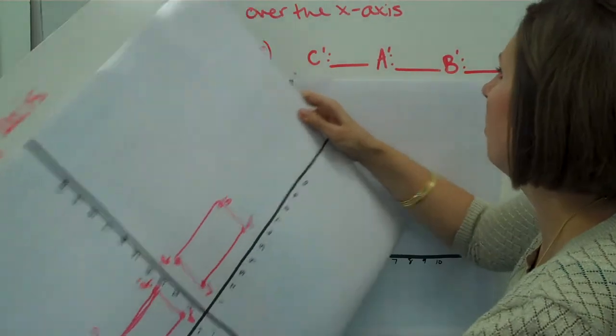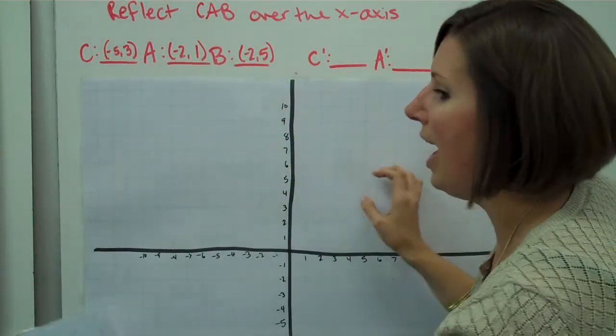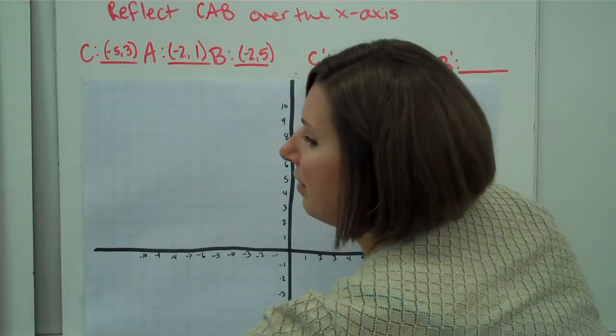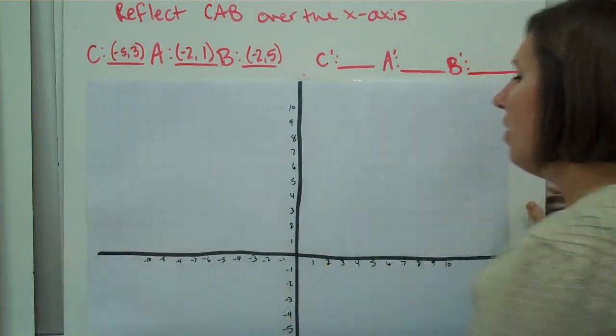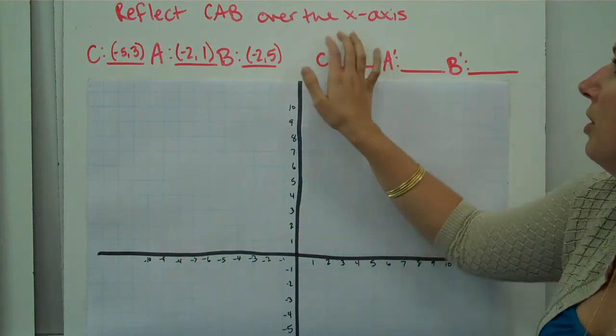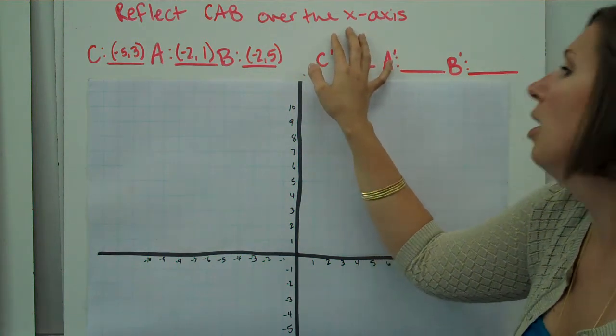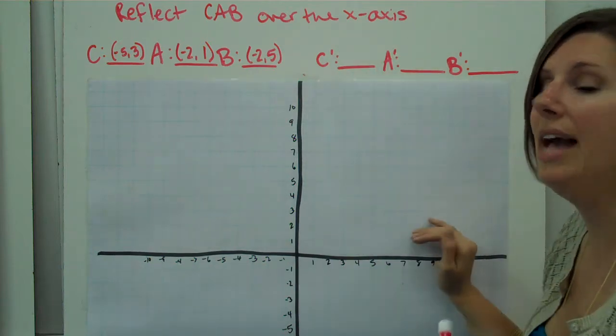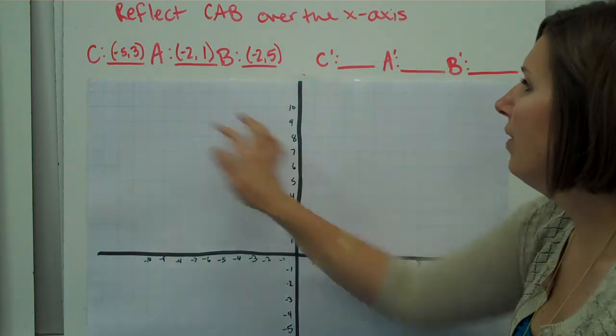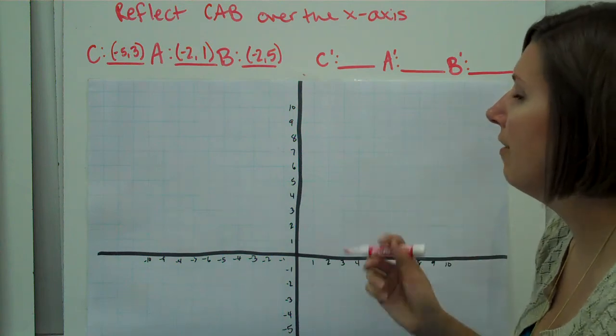Okay, we've got CAB, and now we're going to reflect CAB over the x-axis. So we're doing something slightly different. Now instead of dealing with the y-axis, let's change our mindset to think about the x-axis, okay? We've got to plot our points first.